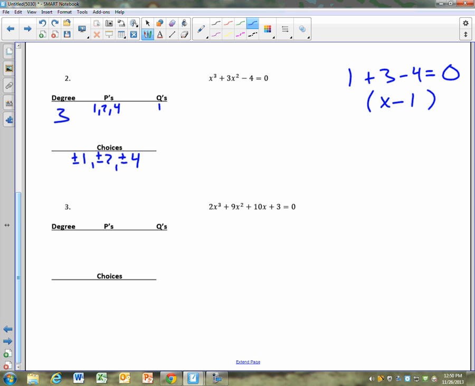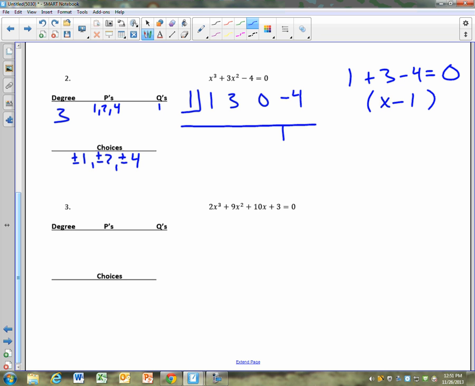So we'll reduce the degree of the polynomial to find other solutions by dividing it by the known factor, dividing it by x minus 1. And I can do that real quick by doing my handy-dandy synthetic division that you guys are now awesome at.